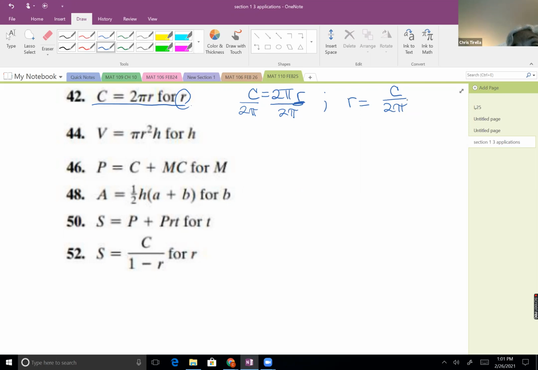Having seen that one done out, can I ask you folks to please solve v equals pi r squared h for h. So again, you're going to use those properties of equality to try to get the h alone on one side of the equal sign. Remember, whatever you do to one side, you've got to do to the other.